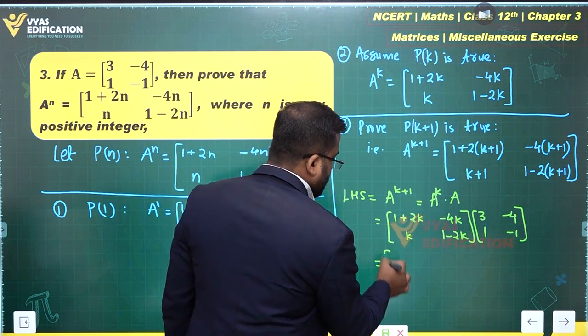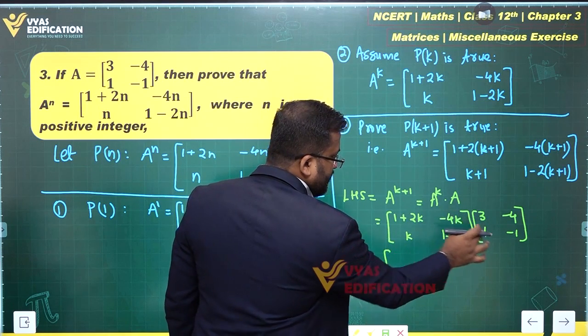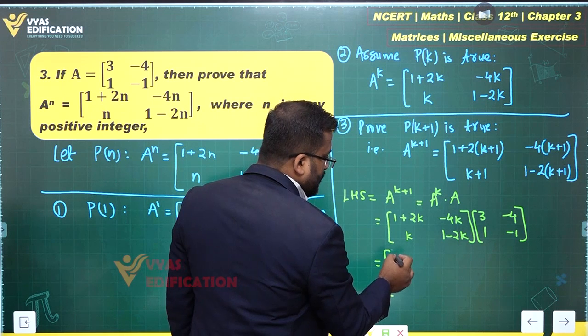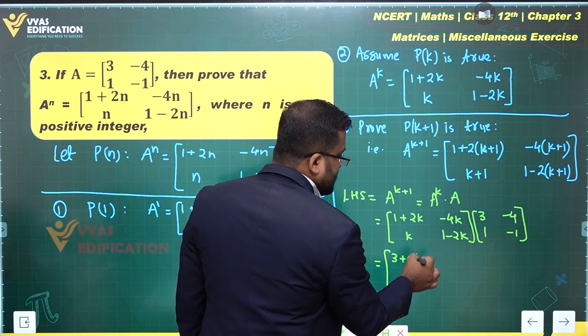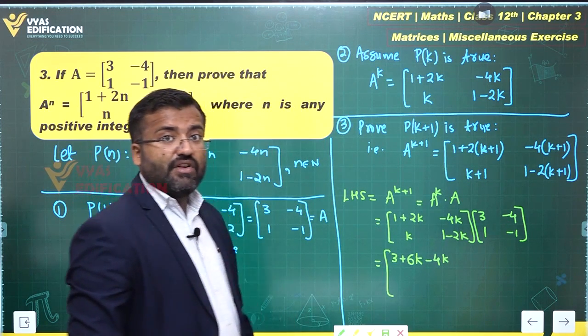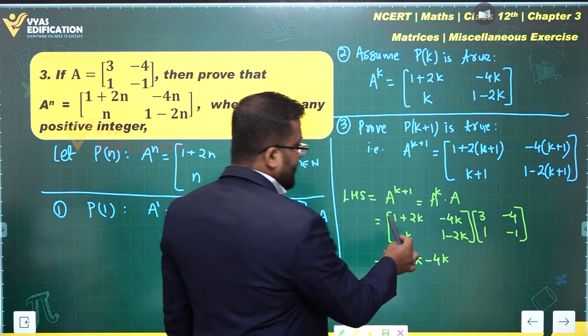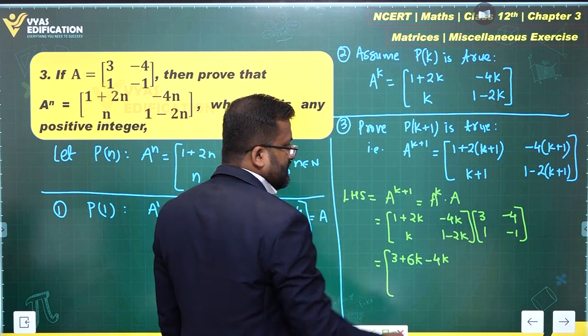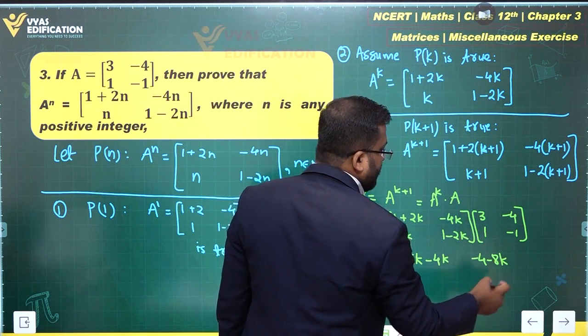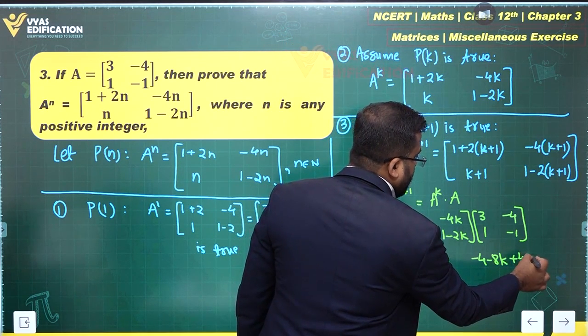How do we multiply them? Row into column. So this is 3 times (1 plus 2k), which is 3 plus 6k, and minus 4k. This is what I get for A11. What next? This row gets multiplied with the second column: minus 4 minus 8k, and minus 1 times minus 4 would be plus 4k.